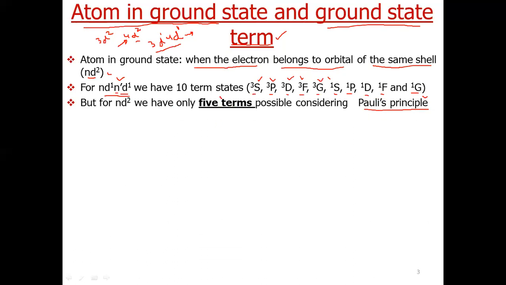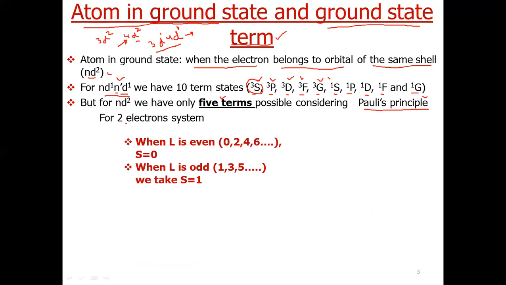Now what are those five terms out of these 10 terms which will represent the atom in ground state, that today we will learn. And I have already mentioned a method that for a two electron system we can apply these rules to find the term symbols for an atom in its ground state.